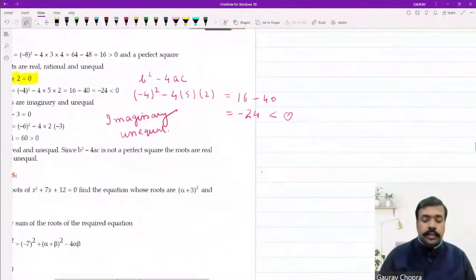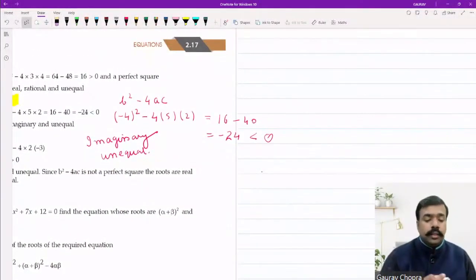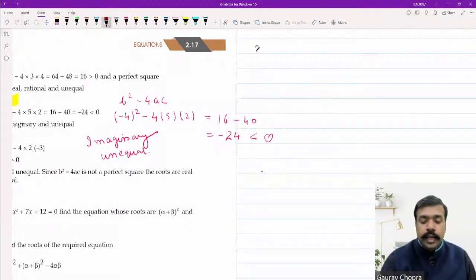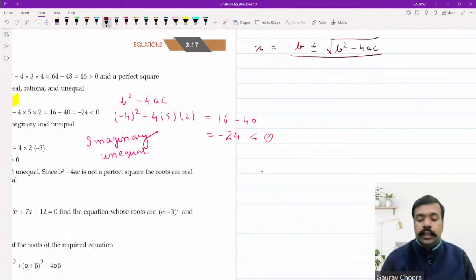So let us try with the method which is known as Sridhar Acharya method. Let's do that. x is equal to minus b plus minus root of b square minus 4ac upon 2a.